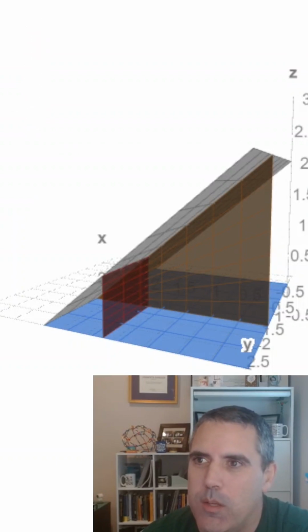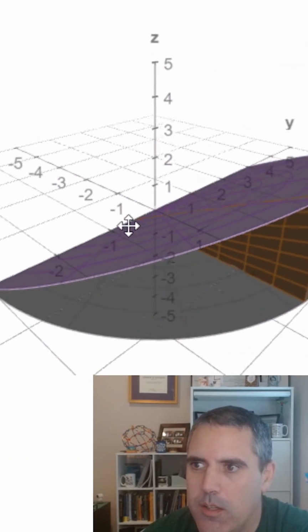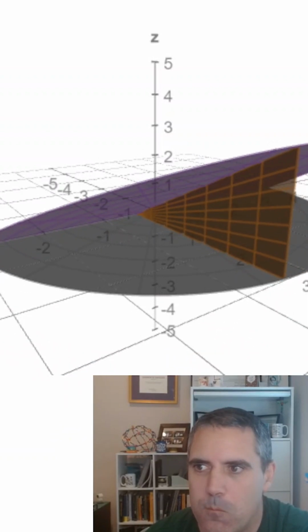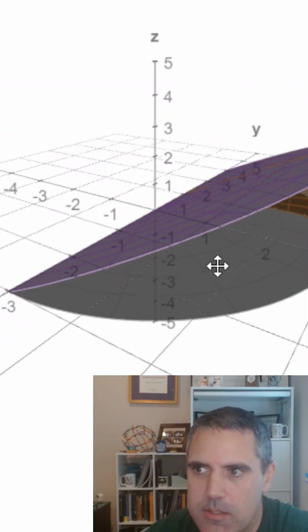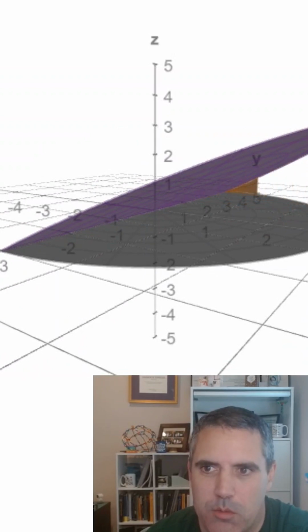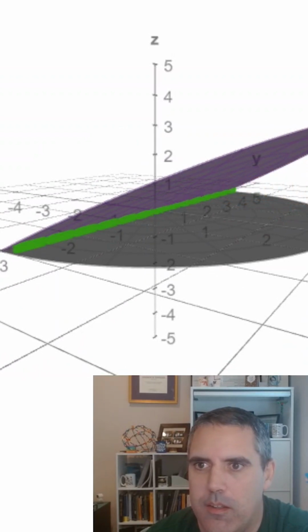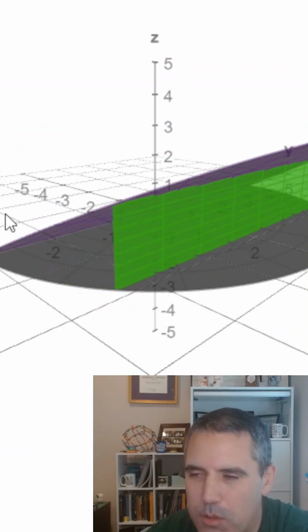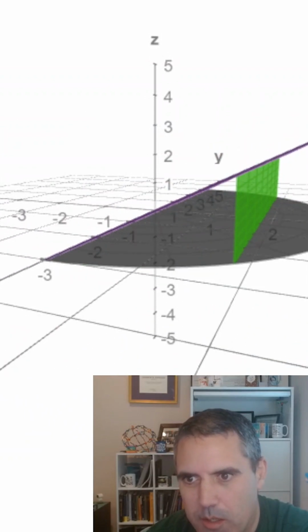Okay, we then will finish with things where in chapter 15, you actually have three ways of doing it. One way is like this. You could describe the cross sections that way, which looks like triangles. Another way is in terms of x. You can describe the cross sections that way, which looks like rectangles. And it'll always depend on the region on the ground and the surface.